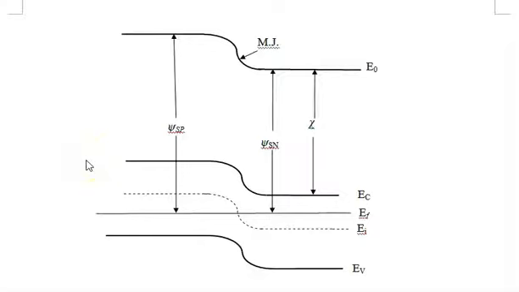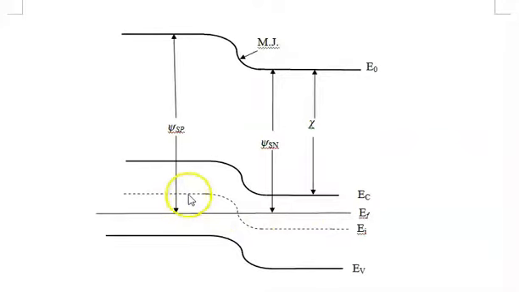Now, how do we know that? Well, we don't know it specifically up here yet. We'll see that in just a little bit. But we know it from the fact that the Fermi level is above intrinsic here to the same extent that the Fermi level is below intrinsic here.